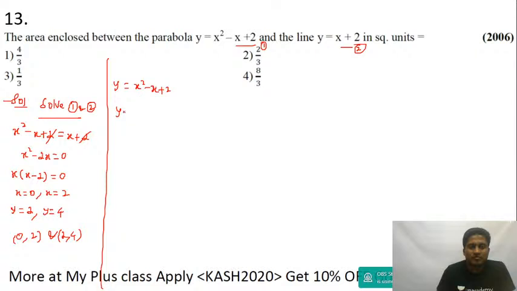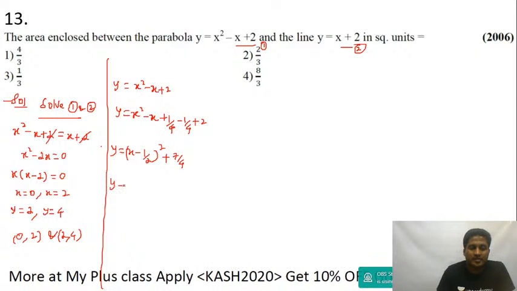Y is equal to x square minus x plus 1 by 4 minus 1 by 4, just complete the squares, plus 2. So this will be y equal to x minus half the whole square plus 7 upon 4.